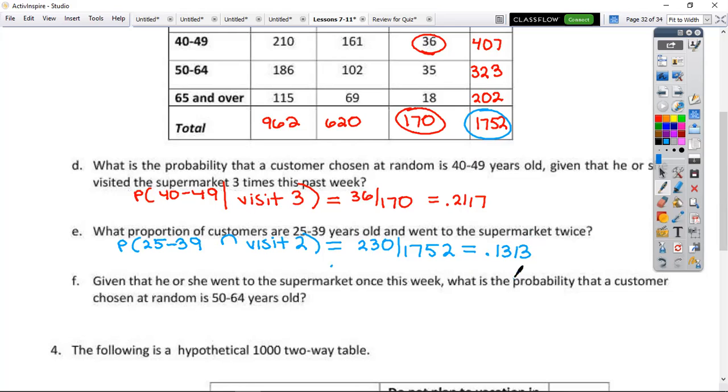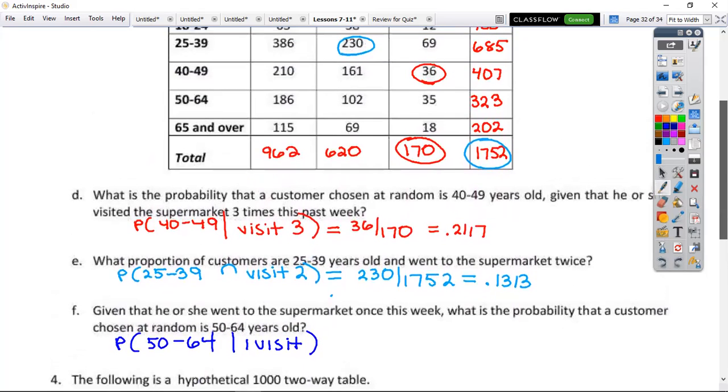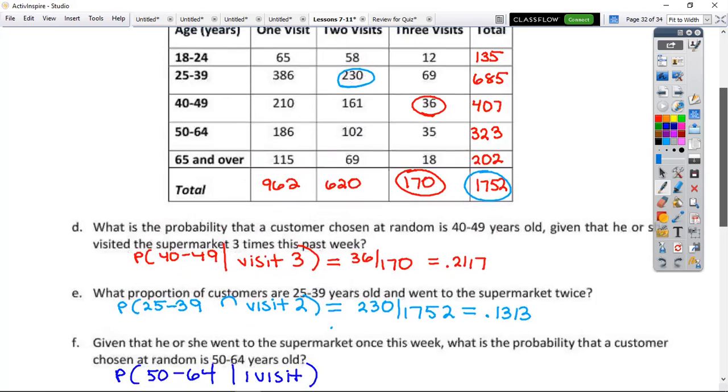All right, next I'm going dark blue. So these will correspond. So given that he or she went to the supermarket once, that becomes my total. And we want them to be 50 to 64 years old. All right, 1 visit and 50 to 64 years old.